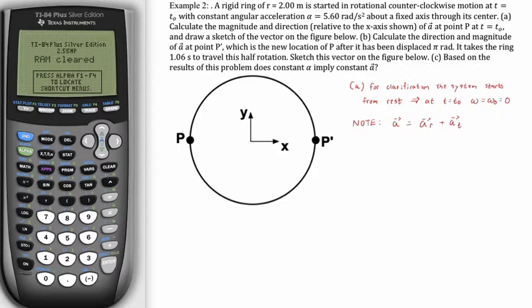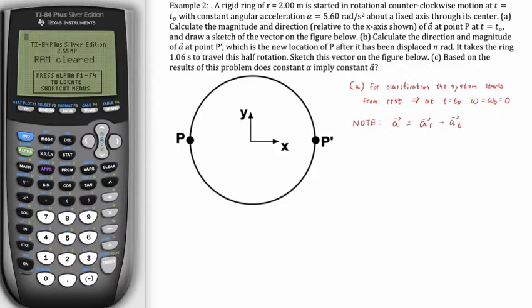Up until now, the only type of rotational motion that we've discussed has been uniform circular motion. Uniform circular motion is defined by the fact that the speed of the translational velocity is constant, which is to say that the acceleration is also constant in magnitude, and it is only the centripetal acceleration, which now we're calling the radial acceleration.